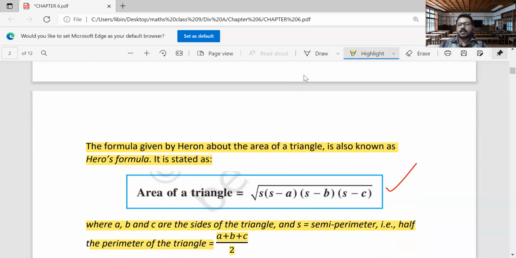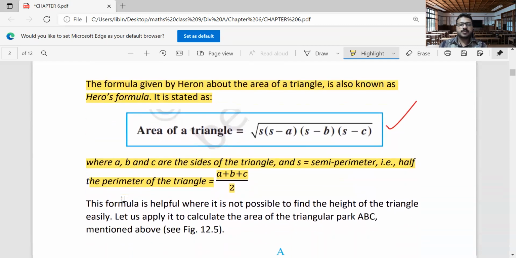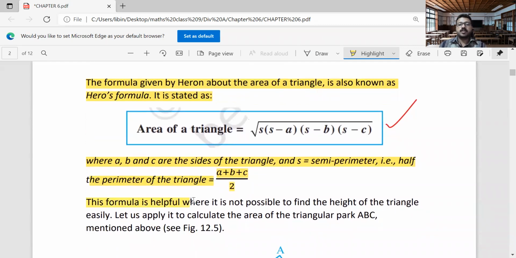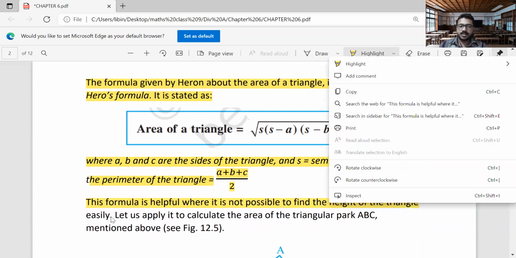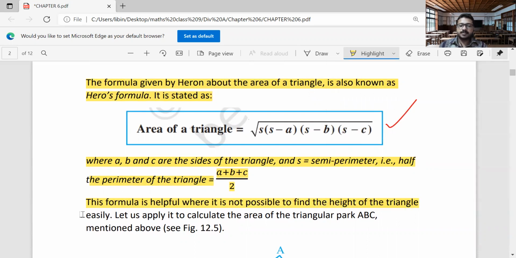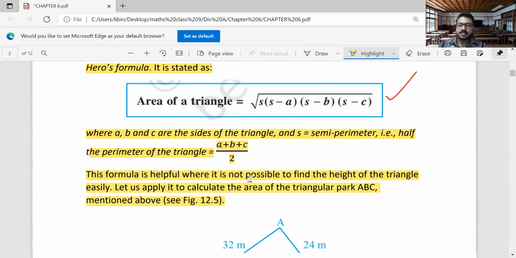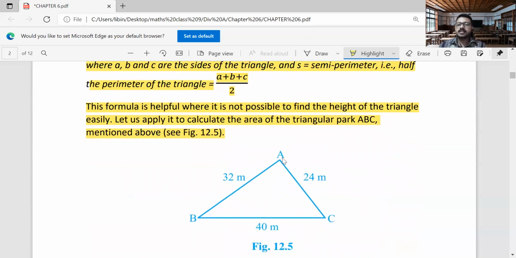Now this formula is helpful where it is not possible to find the height of the triangle easily. Let us apply it to calculate the area of a triangular park ABC. Suppose this is a triangular park.